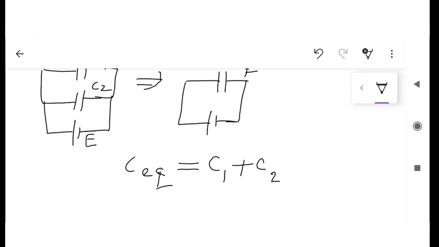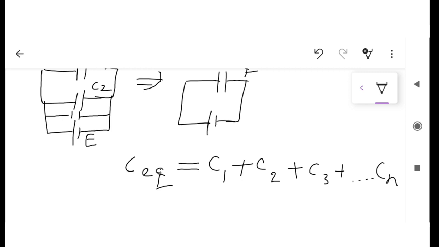Here we can add some more capacitors in parallel. We can add n number of capacitors here. I add another capacitor, and we can add n number of capacitors with C1 and C2 in parallel condition. Then we can write plus C3 plus up to Cn.